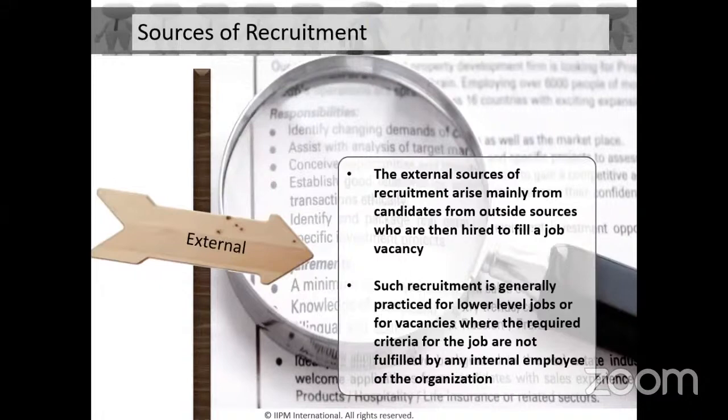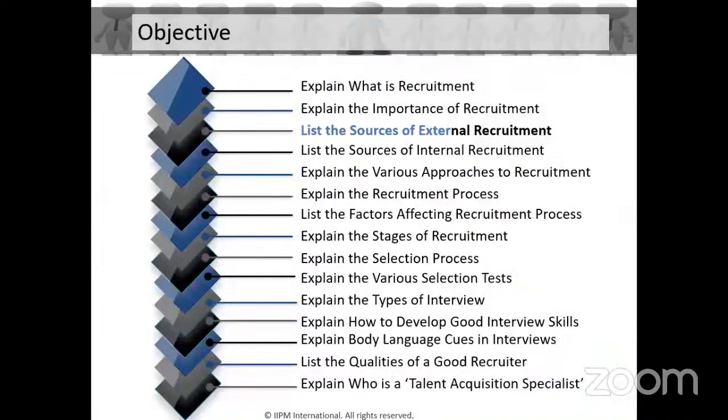So this is the same thing I've just been hammering on since morning. We have to look at the internal source of recruitment before we look at the external. And we check for the external basically when there are no internal people able to fill up that position. So we now begin to look for people externally, okay?